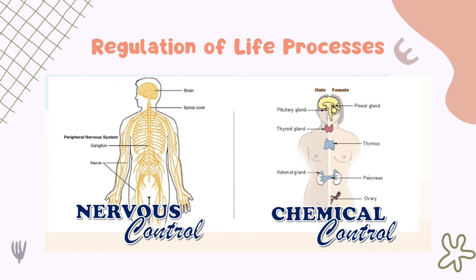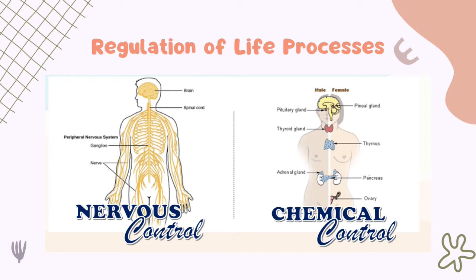Okay, so the nervous control is controlled by the nervous system, while chemical control is controlled by the endocrine system.